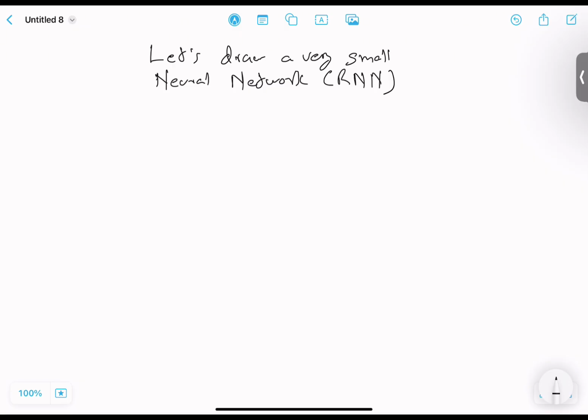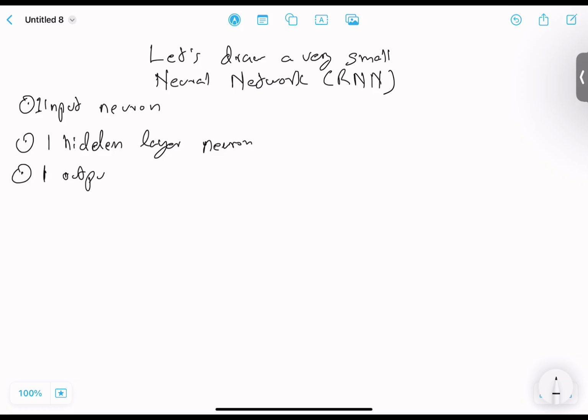This neural network has one input neuron, one hidden layer neuron, and one output neuron.